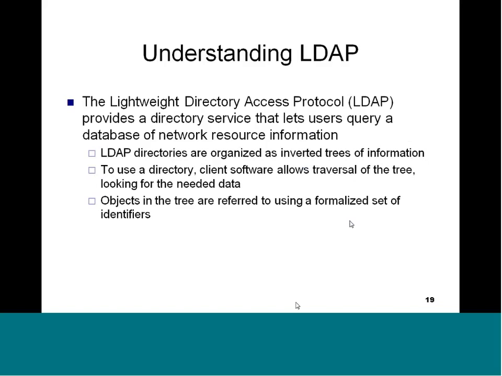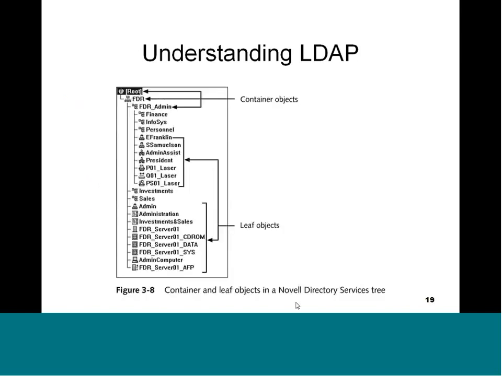LDAP directories are organized as inverted trees, and in order to use the directory services, the client software allows the traversal of the tree looking for the needed data. Objects in the same tree are referred to using a formalized set of identifiers. So that's pretty much the Lightweight Directory Access Protocol.